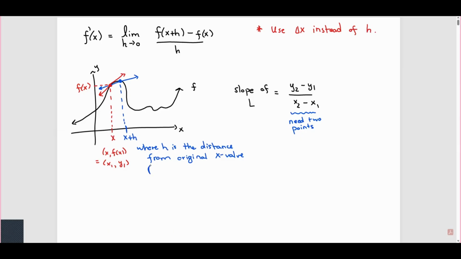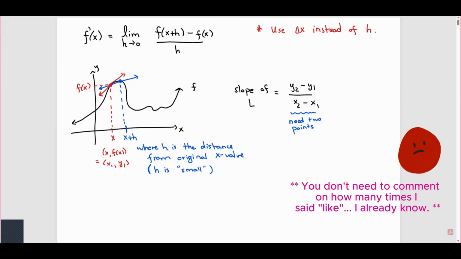And I'm going to put this in parentheses. You can assume then that h is a small value, right? You would be trying to pick something close to your original point. So generally speaking, h is "small." There's no reason that you would pick a point way far away on the curve. It should be pretty close to the original point that we're interested in.